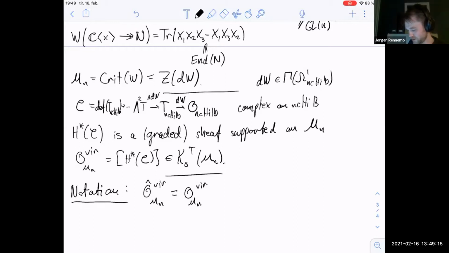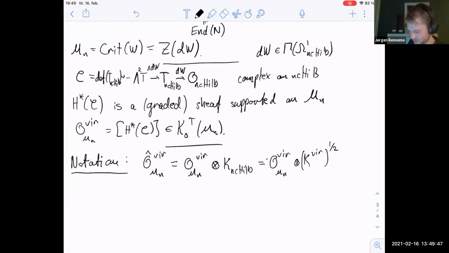We want to compute some variant of that. So the virtual structure sheaf, we're going to twist it by K over C Hilb, or another way to write this, which works more generally, is to call this thing the square root of K virtual. So this is the symmetrized virtual structure sheaf.